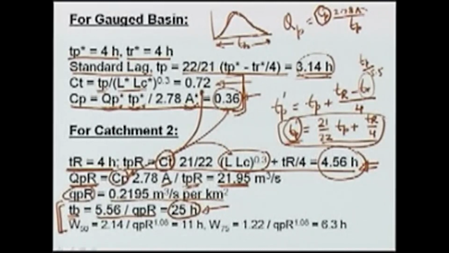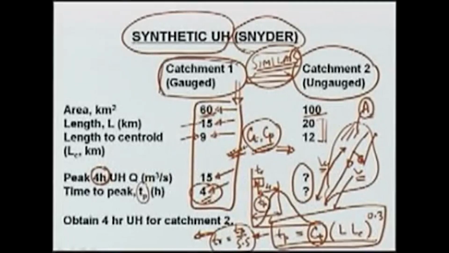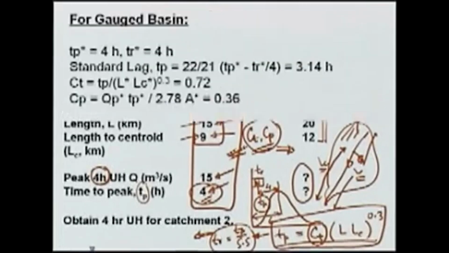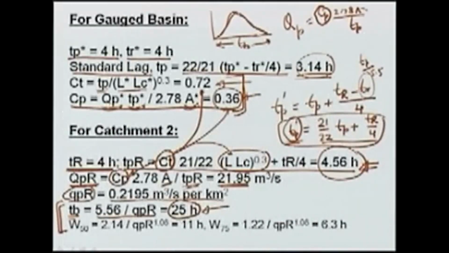In this case, 25 hours seems to be a little small, because we have earlier seen that the unit hydrograph for catchment 1, which is gauged and is smaller, has a time base of about 40 hours. So, this 25 hours seems a little small, and we will increase it later when we plot the curve.